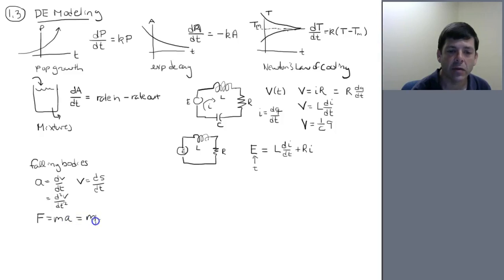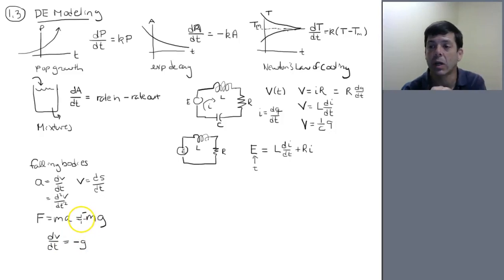And if there's only one force acting on it, it would be mass times gravity. So what you'd end up having is the equation dv/dt, replacing the a, would end up being just, because it's acting downwards, it's negative, just minus g. So you have a differential equation that's equal to a constant.